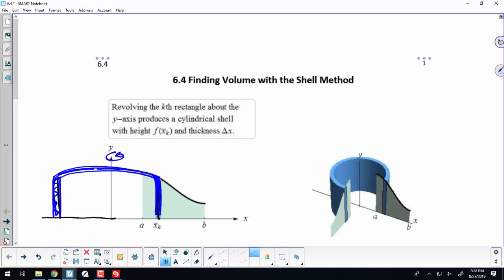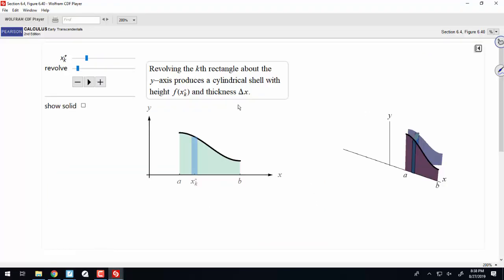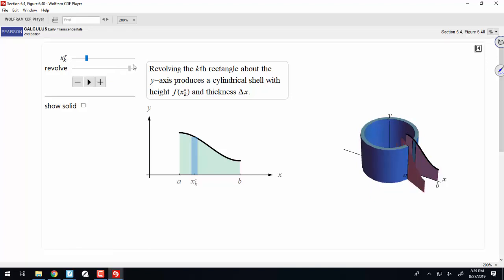This is not quite a disc, or it's a circle. I guess they call them shells, but it's not a disc or a washer anymore because it's not flat. What we're getting is this cylinder, this hollow cylinder, basically.